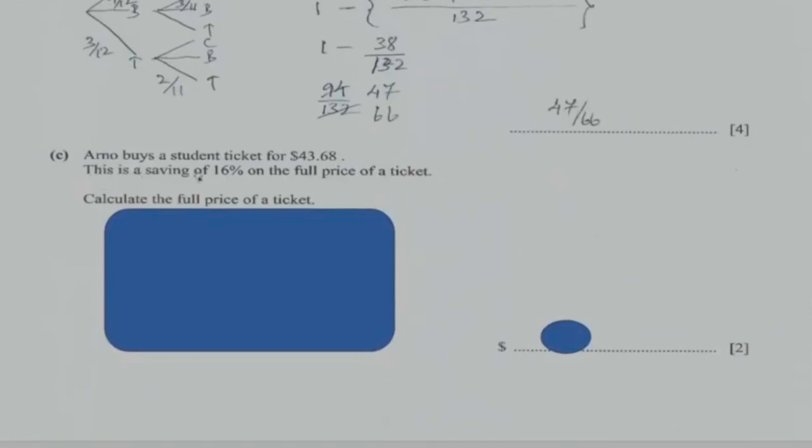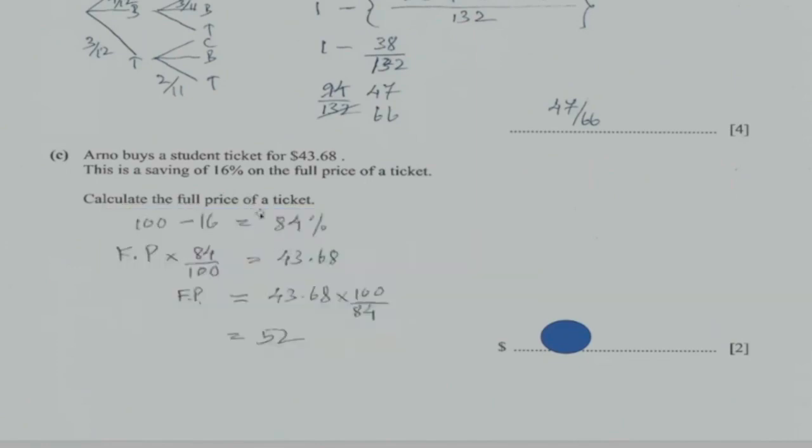Anu buys a student ticket for $43.68. This is saving 16% on the full price of the ticket. Calculate the full price of the ticket. Saving means that we have to take 100 minus 16, which is 84%.